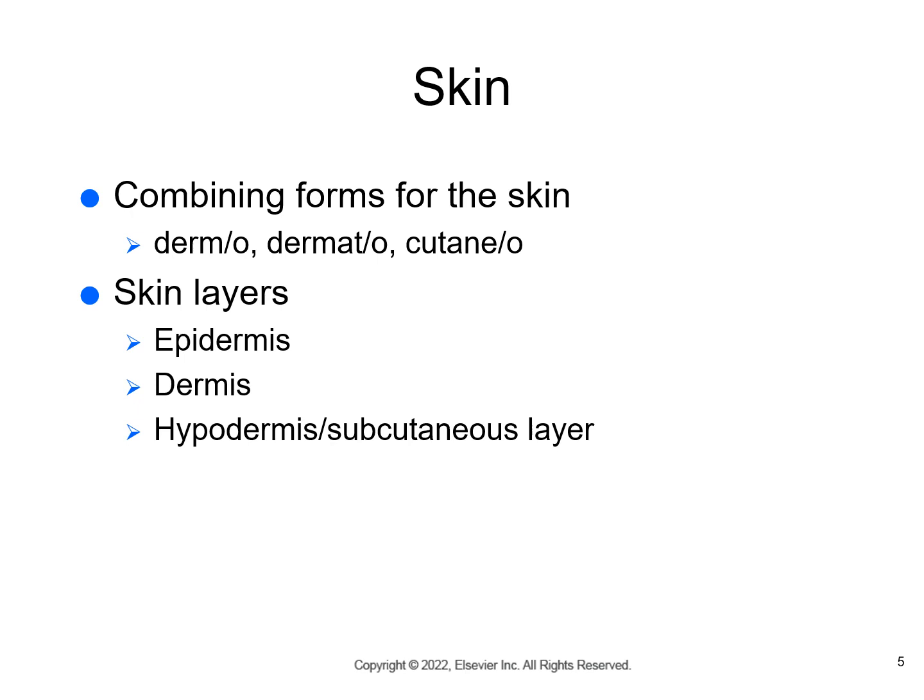So the epidermal layer would be on the top layer of the skin. The dermis itself gives us the flexibility and strength of the tissue, and underneath that is the hypodermis, or the subcutaneous layer, that is the third layer of the skin.